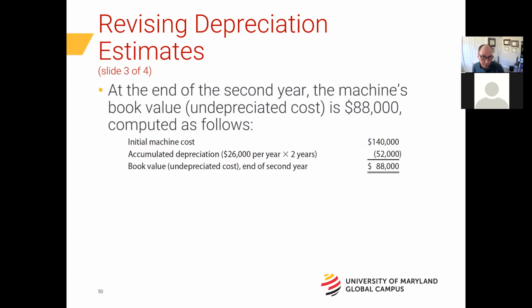Okay, simple. Machine book value, undepreciated cost, is $80,000 at the end of the second year. Okay, makes sense. Initial cost minus accumulated depreciation equals book value.